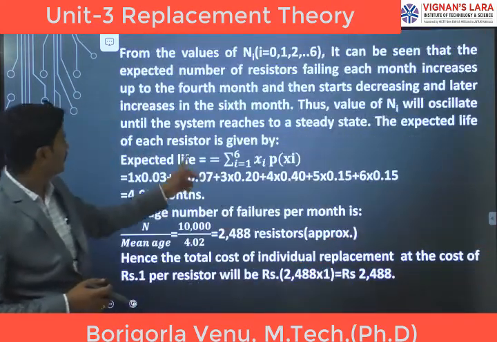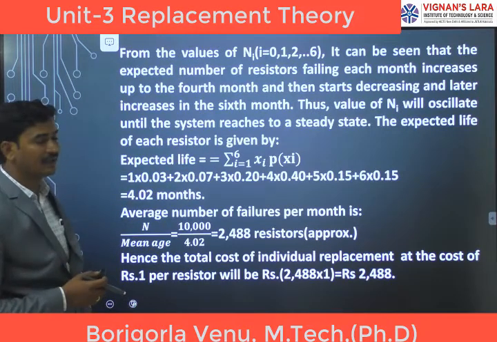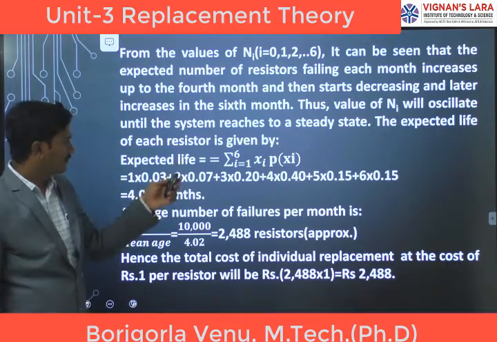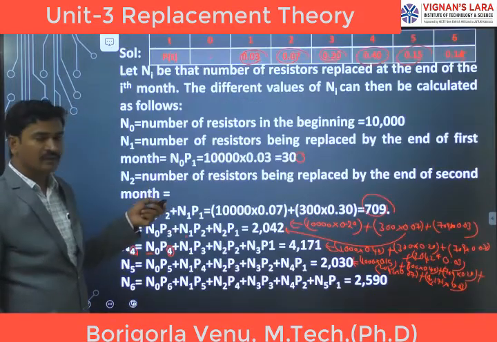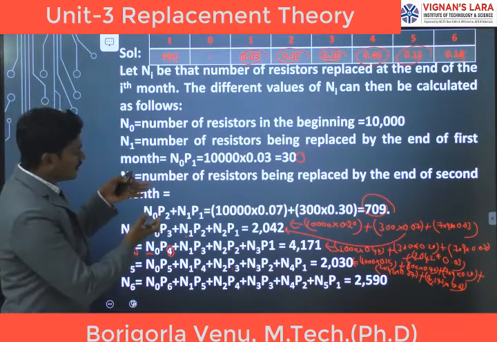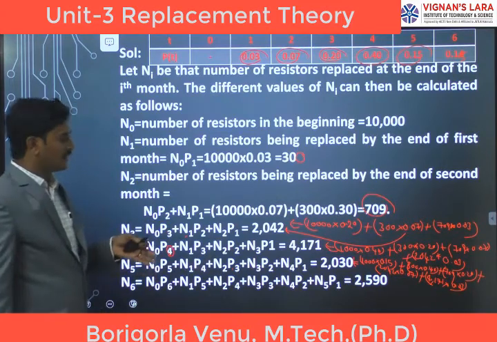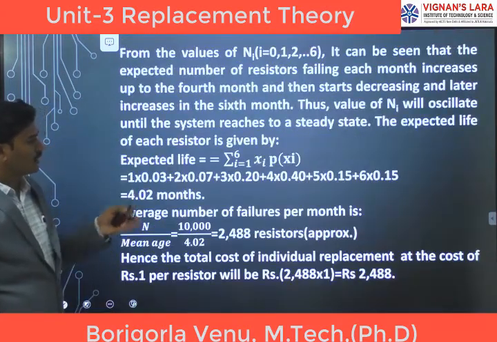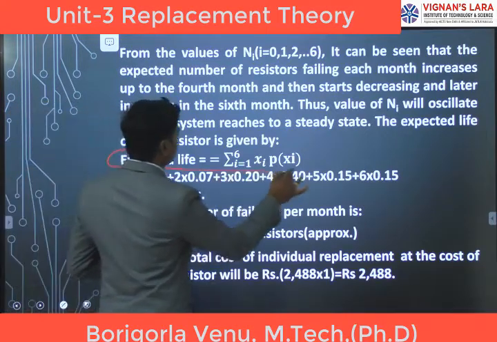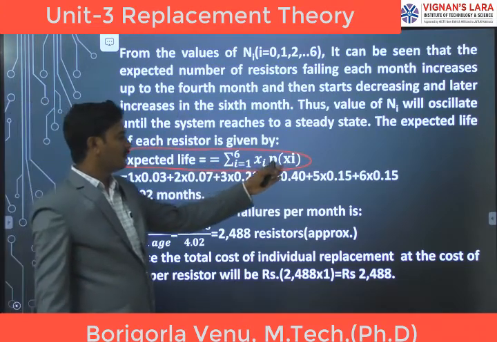Here we are going to calculate the expected life for each resistor. From this we didn't get the life of each resistor. Here the life will be reduced and the life will be increased. Now we are going to calculate the life of the resistor by taking the formula. Expected life is equal to sigma i equal to 1 to 6 of xi p of xi.